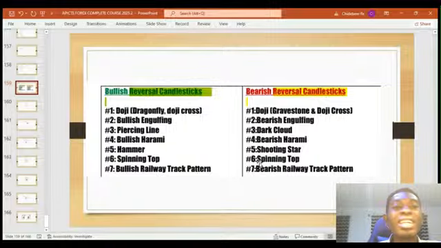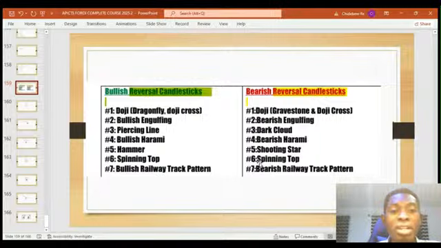Those are the areas where you pay attention to reversal candlesticks. Ignore them unless they are formed on your area of interest, on your zones. That is a major condition when it comes to reversal candlestick patterns.